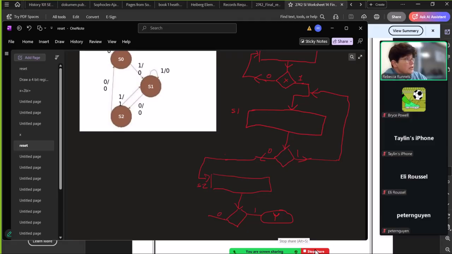That's what it means, because if it wasn't 1, I don't put it. And if it's 1, where does it go back to? S1. So I go back to S1. And if my input is 0, my output is 0, and I go back to S0.